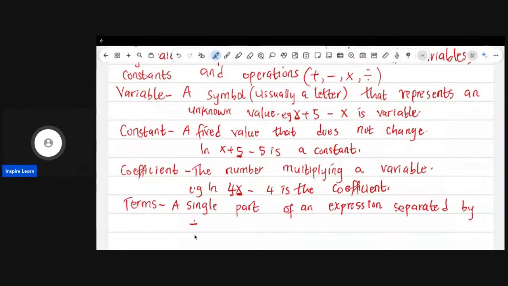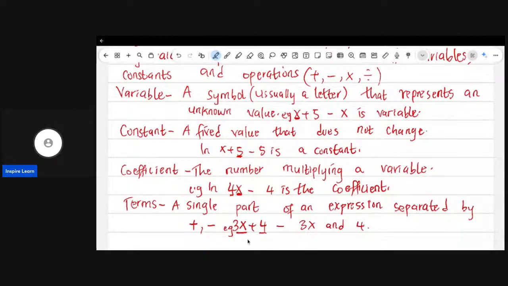So it can either be plus, it can either be minus, or it can also be multiplication. So that is what we call the terms. For example, if we have 3x plus 4, the terms in this algebraic expression are going to be 3x and 4. So those are the terms in the algebraic expression 3x plus 4.